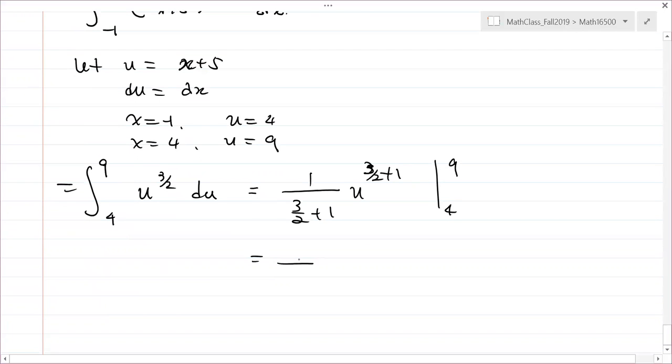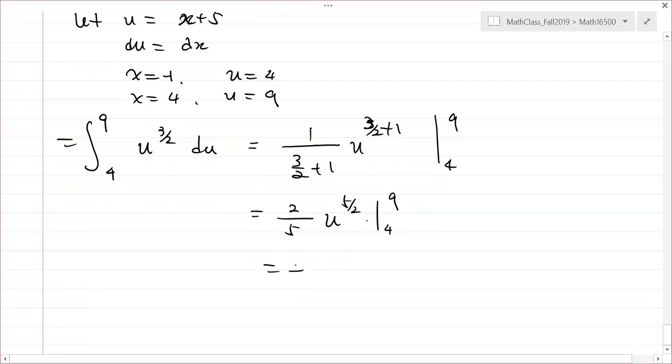So let's simplify it. 2/5, 9 to the 5/2. Okay, can you simplify a little bit of this? Yes, because the square root of 9 is going to be 3. So 3 to the 5th, minus 2 to the 5th.